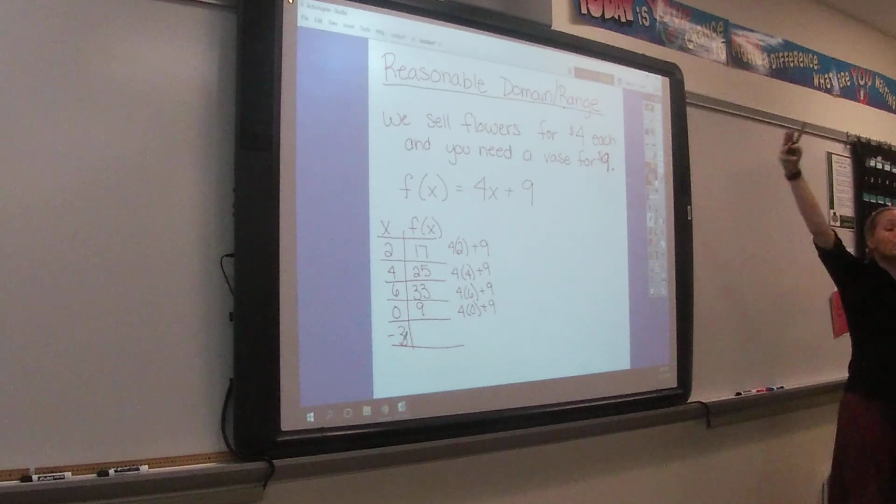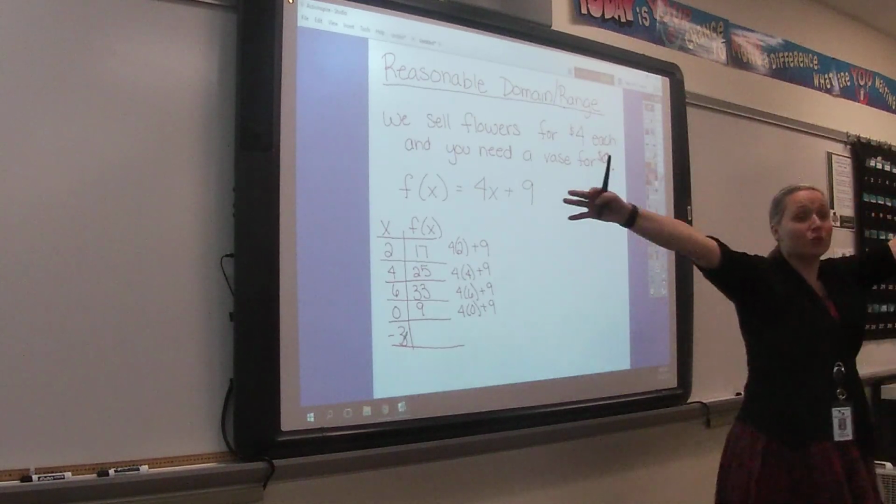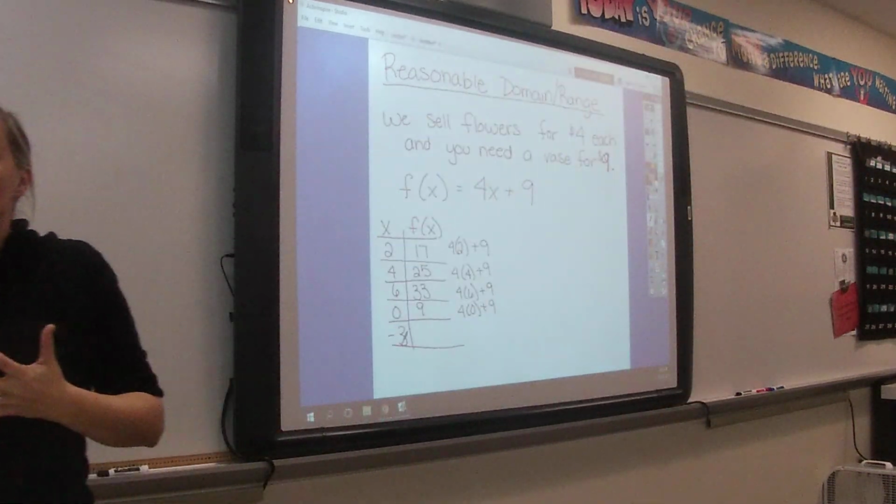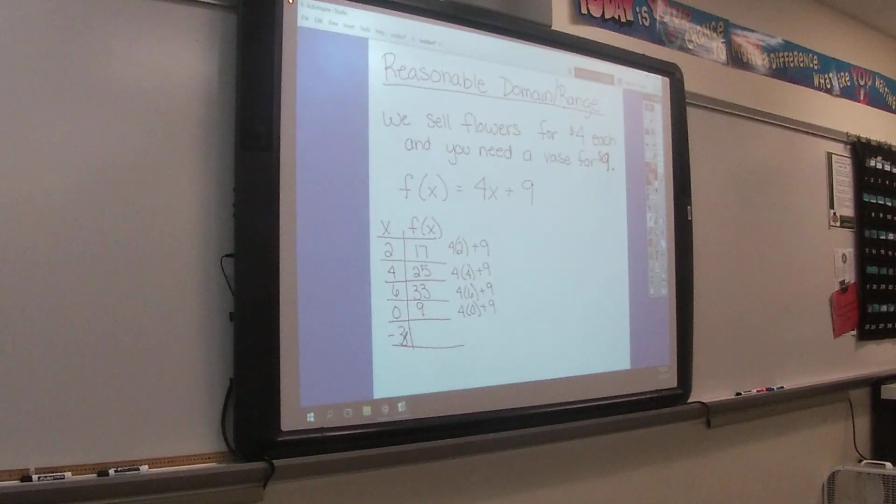Remember, our umbrella topic for all of algebra is functions. Instead what I want you to be able to do is be a good critical thinker. Can I think about what is reasonable for me to do given this situation? And that's going to start to spill over in problems we look at later in the year.